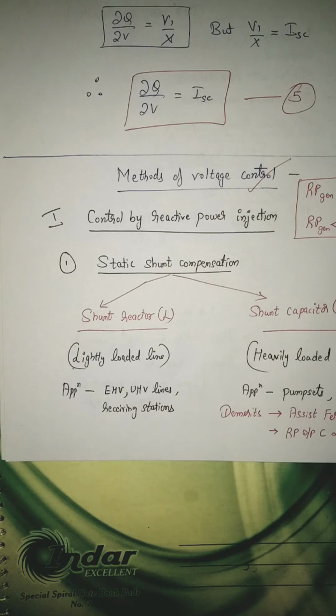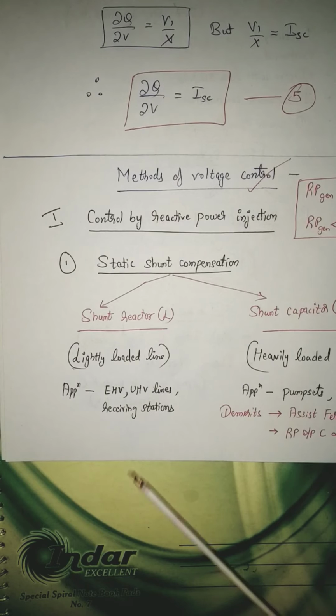Our intention now is to bring back that voltage to nominal value. For that purpose, I'll be including a shunt reactor across that particular line. If I include an inductor, whatever excess reactive power is there in the system will be absorbed by this reactor. Thereby the voltage becomes nominal, or the reactive power gets balanced.